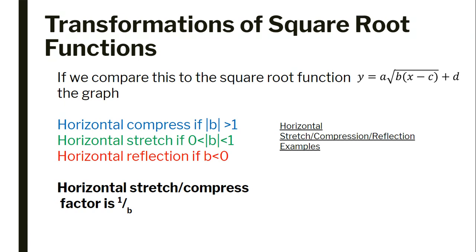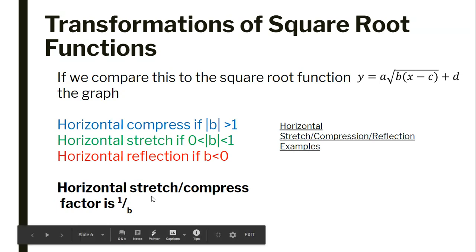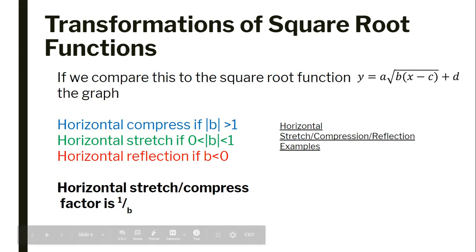So for example, if I had y is equal to the square root of 3x, then I have a horizontal compression by a factor of 1/3. If I had the square root of 1/2 x, all under the square root, then I have a horizontal stretch by a factor of 2/1, or 2.